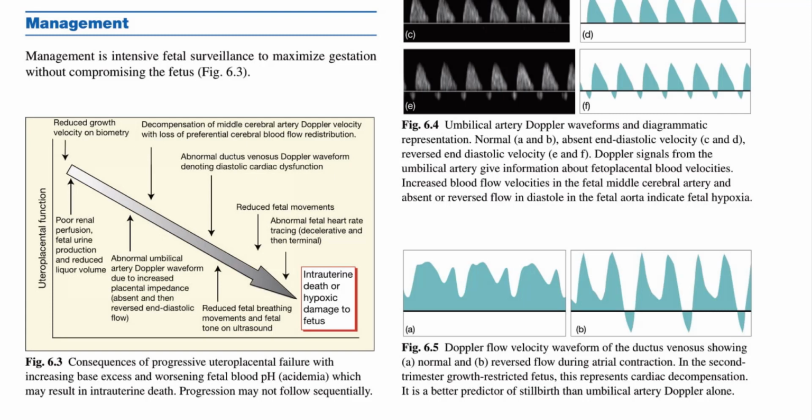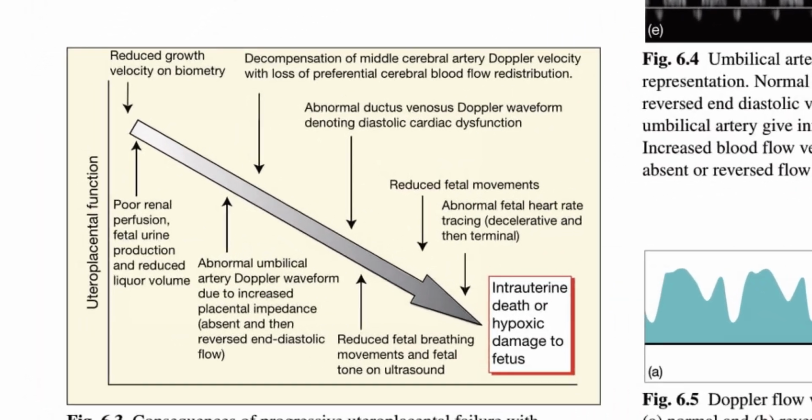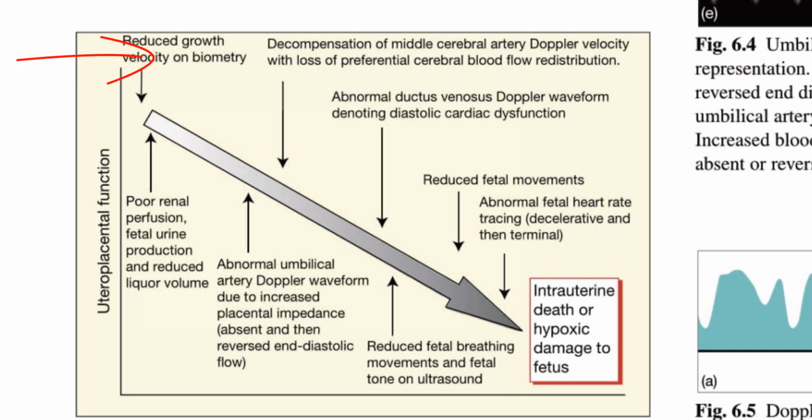Reduced growth velocity on biometry. Decompensation of middle cerebral artery Doppler velocity, with loss of preferential cerebral blood flow redistribution. Abnormal ductus venosus Doppler waveform denoting diastolic cardiac dysfunction. Reduced fetal movements. Abnormal fetal heart rate tracing, decelerative and then terminal.